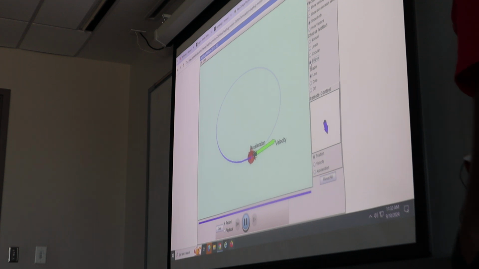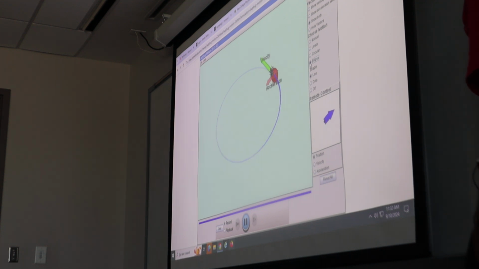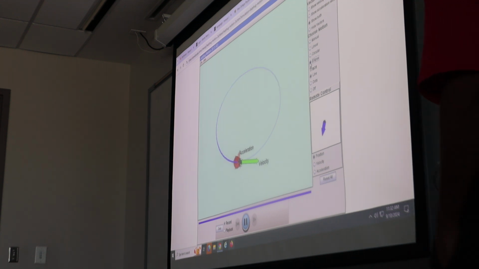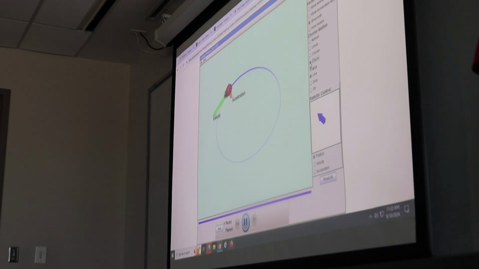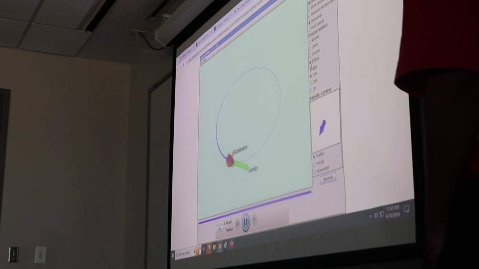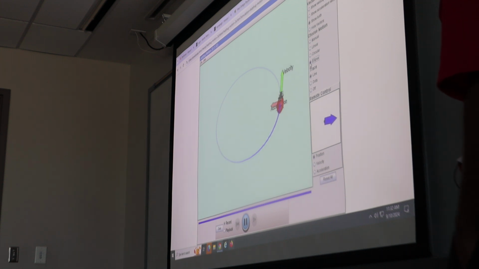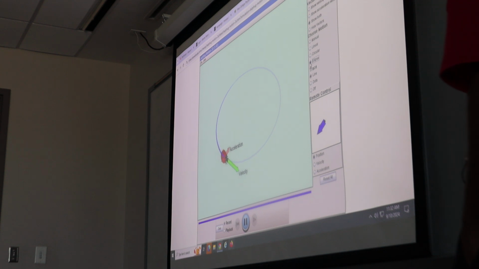Gibbous, and then crescent. So that's how the phases of the moon work. So you got new moon, crescent, and then you got first quarter.